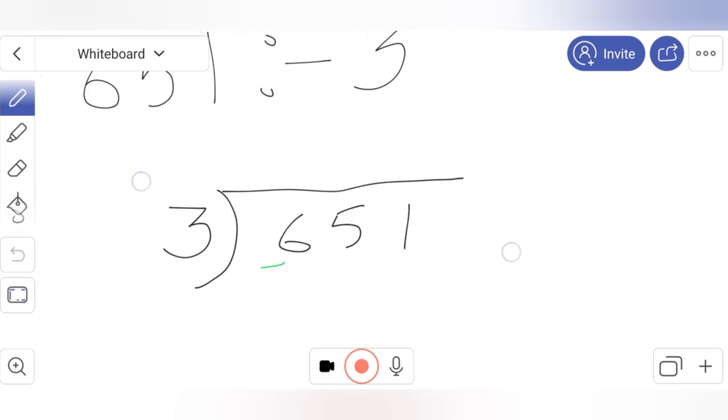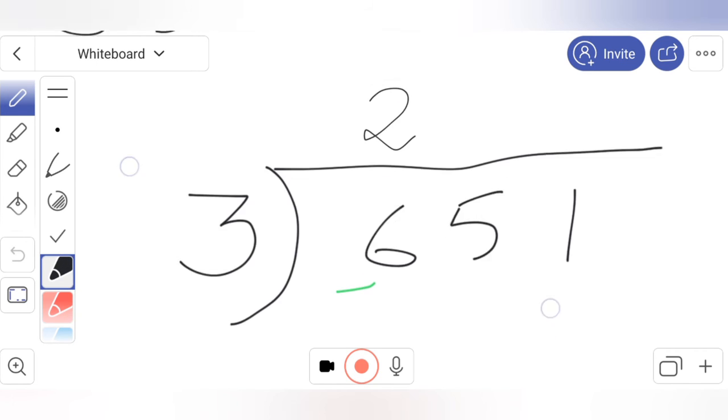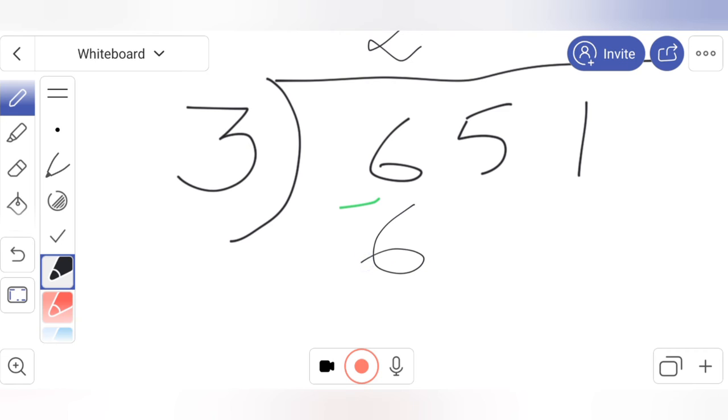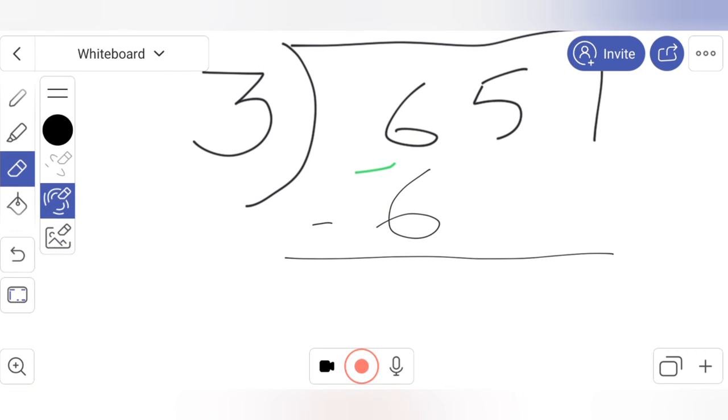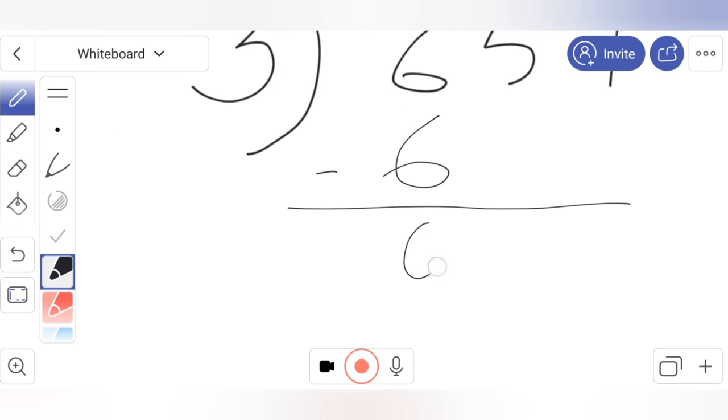So now you write down 2 in the quotient portion. 3 twos are 6. Now minus. Then 6 minus 6 is how much? It's 0.